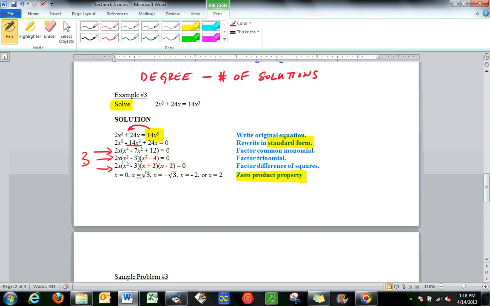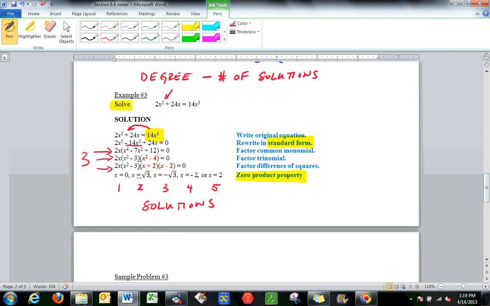Now, we kind of skipped a step here, but if you made 2x equal to 0, then x would equal 0. You can make x squared minus 3 equal to 0, x plus 2 equals 0, and x minus 2 equals 0, and get each one of your solutions. So that's 1, 2, 3, 4, and 5 different solutions, which holds true with the degree of the polynomial function. So it's very important that your solutions match up with your degree.